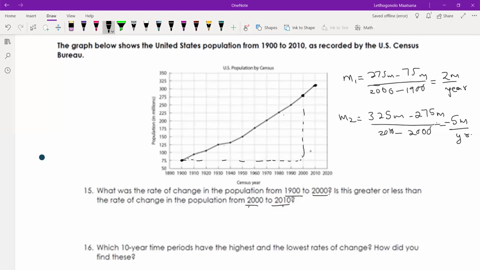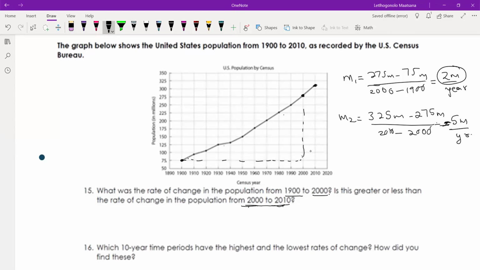So clearly, between 2010 and 2000, the population increased more, by 3 million per year, than between the years of 2000 and 1900, right?